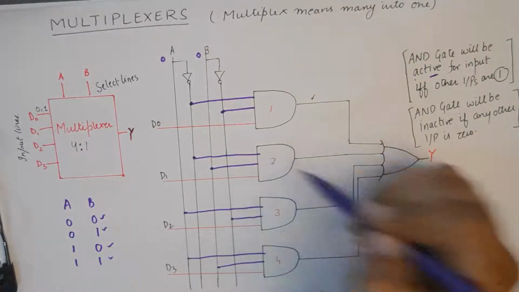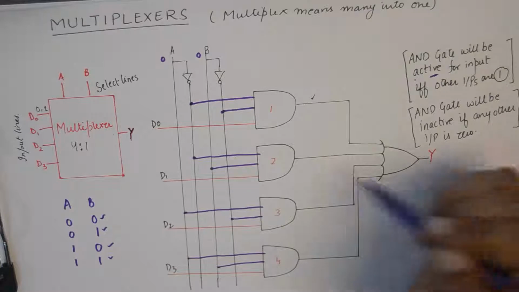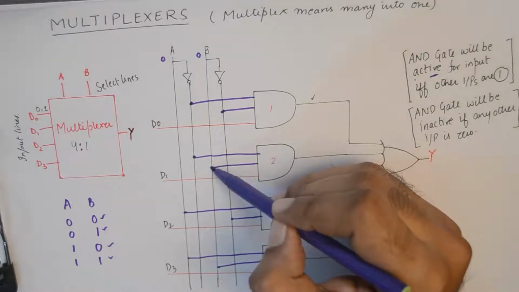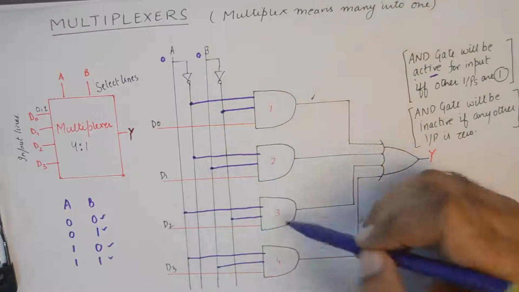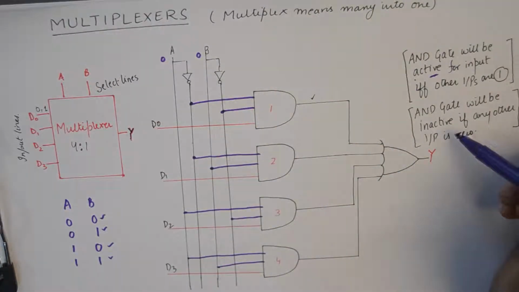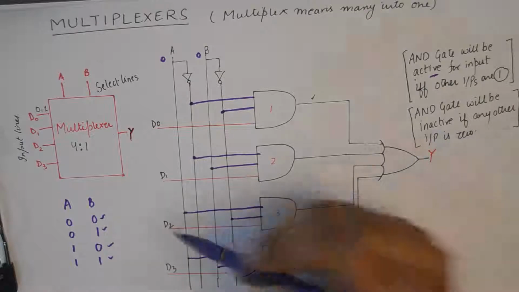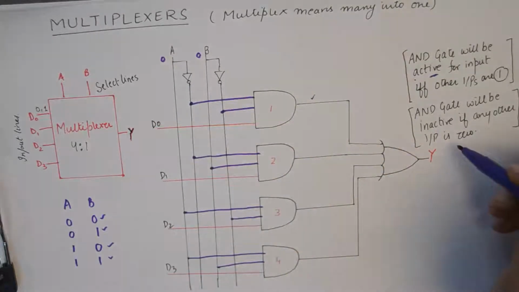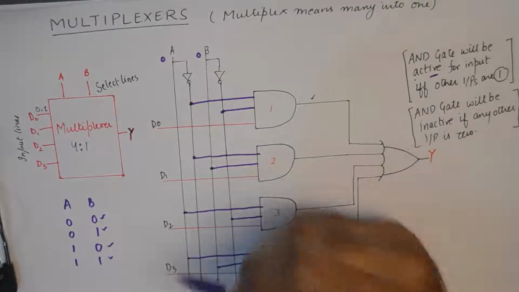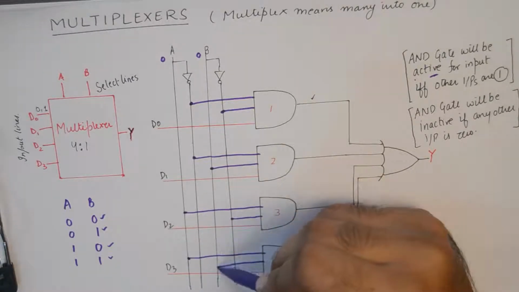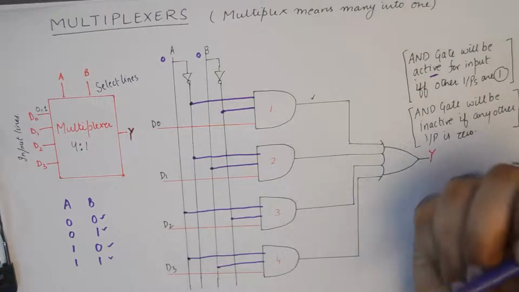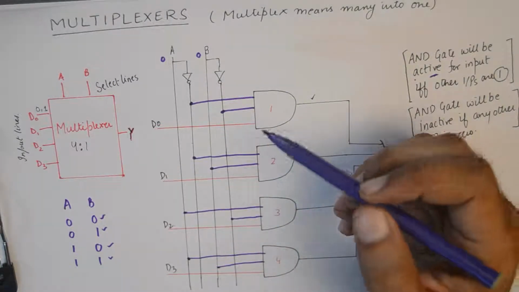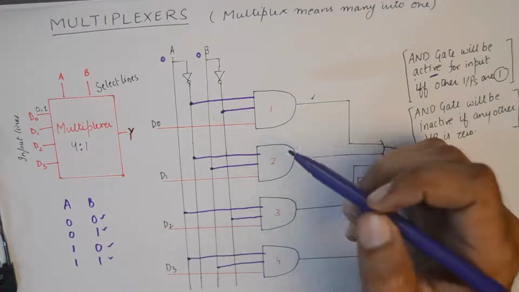Gate number 2 was being made inactive because of this 0 coming directly from B. Gate number 3 was being made inactive from the 0 coming from A. Gate number 4 was being made inactive from zeros coming from both A and B. So this is a very clever combination that only one gate is active.